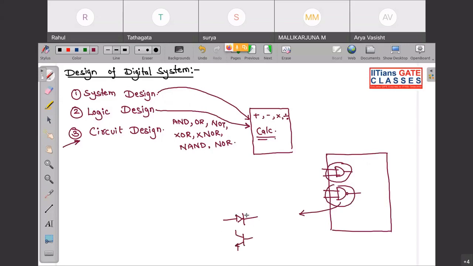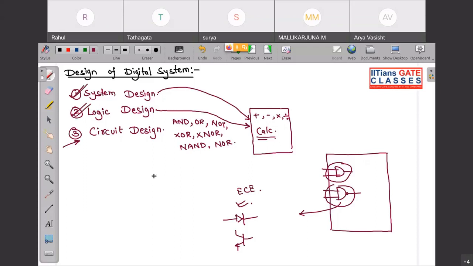Those elements we are going to use to design the internal logic circuits. ECE guys are going to see this, electrical also, but computer science people, you only need to see system design and logic design. No circuit design for computer science people.